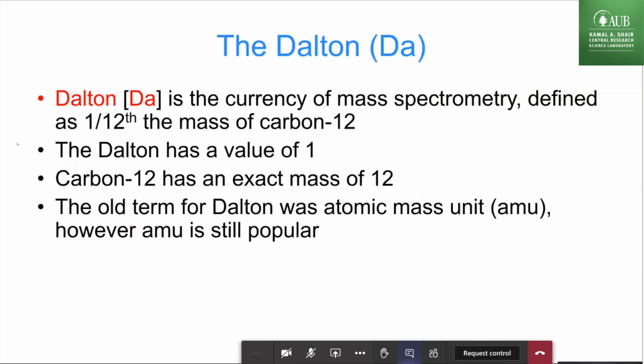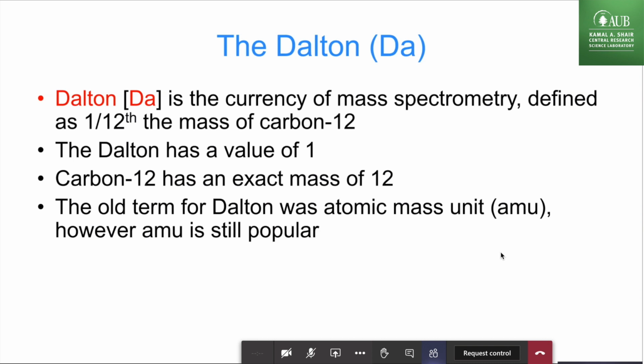All right, so let's talk about the currency of mass. So the currency is the Dalton. And this ties into where this decimal comes from when we talk about the different elements and the different compounds. So we have the Dalton. You may see in older papers and so on that the Dalton is also defined as AMU, atomic mass unit.